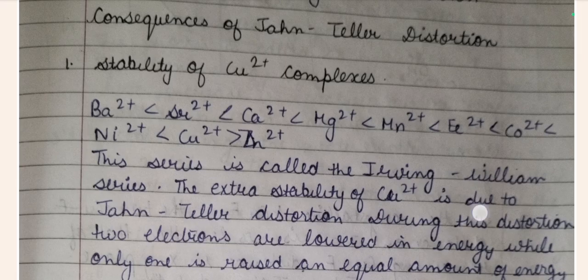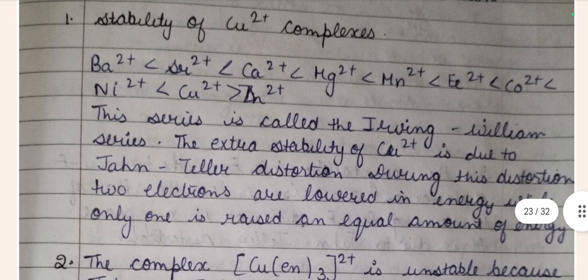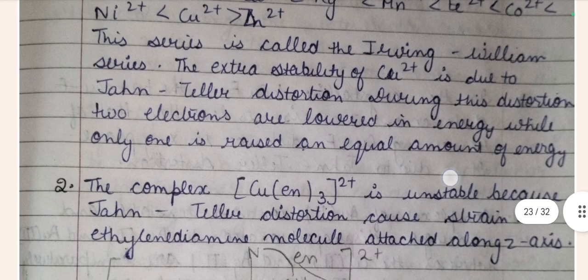This series is called the Irving-Williams series, and the extra stability of Cu2+ is due to the Jahn-Teller distortion. During this distortion, two electrons are lowered in energy, while one is raised by an equal amount of energy.